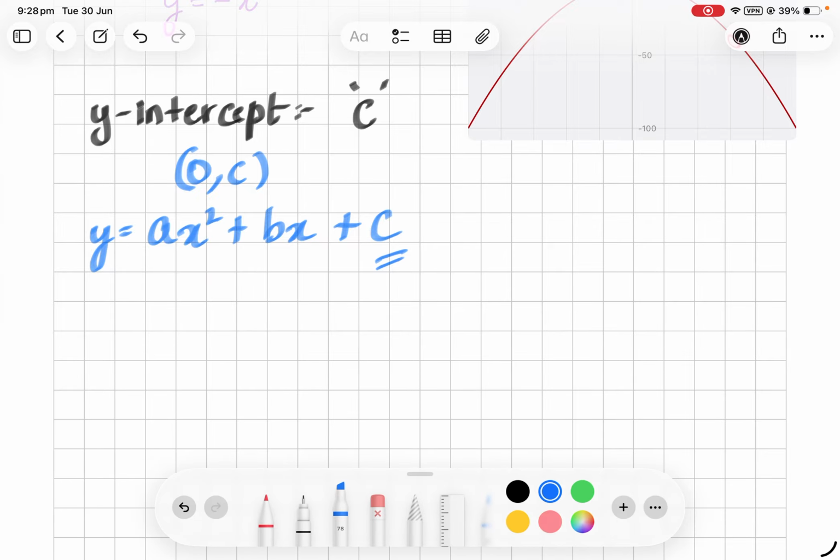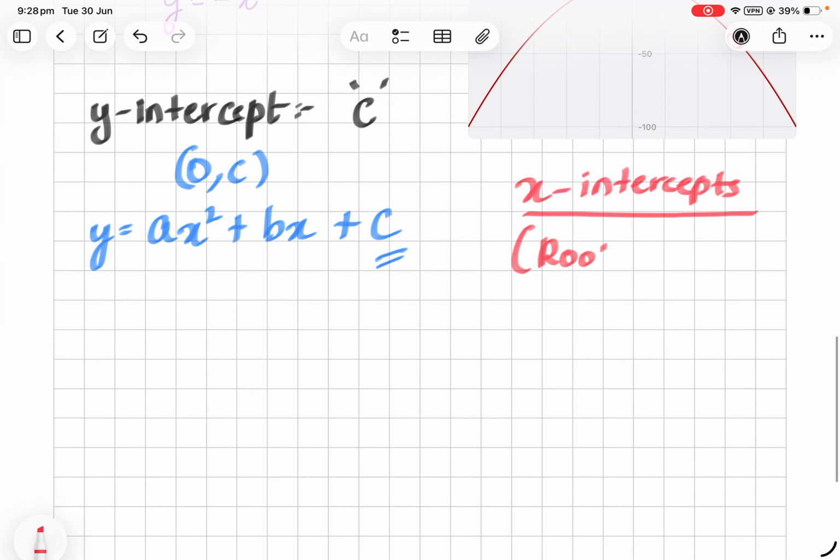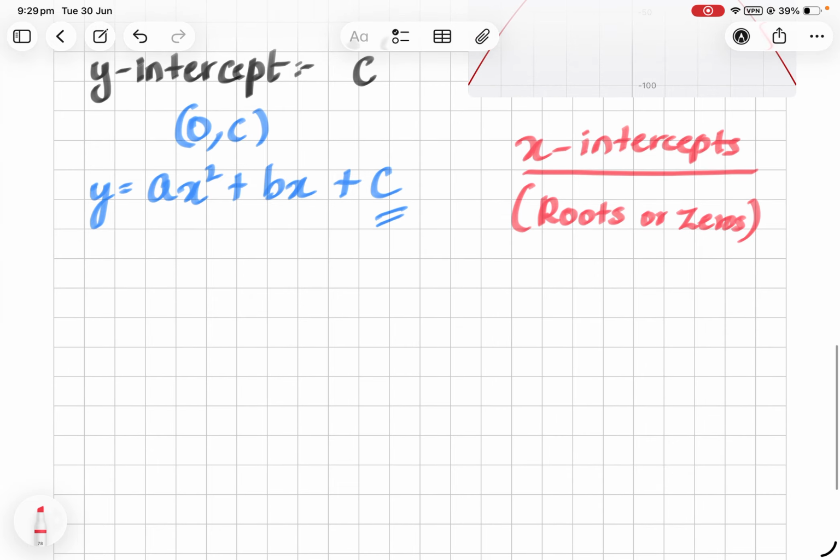Now for x-intercepts, again, this is an entirely different lesson. I'm just covering it for you. In some countries, especially in America, they say roots or zeros, and this is the language you would come across. It is nothing but where the curve touches the x-axis. The y-intercept is the point where the curve touches the y-axis. We all know that.